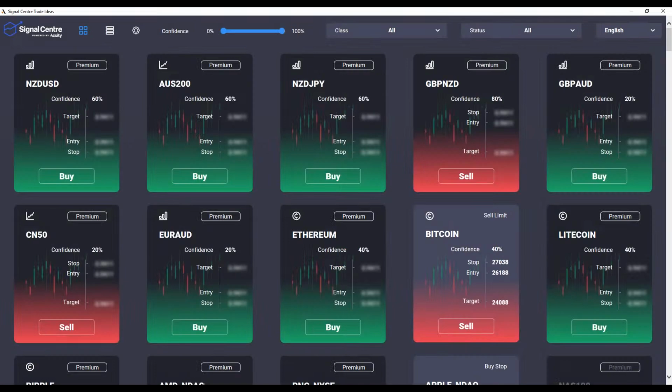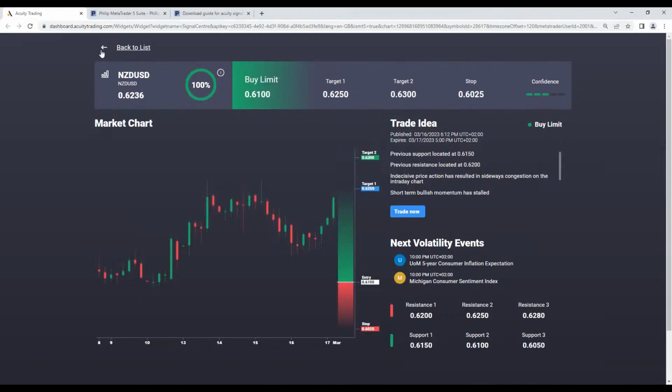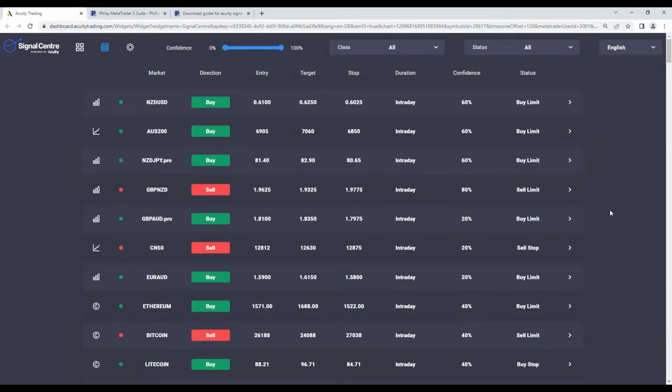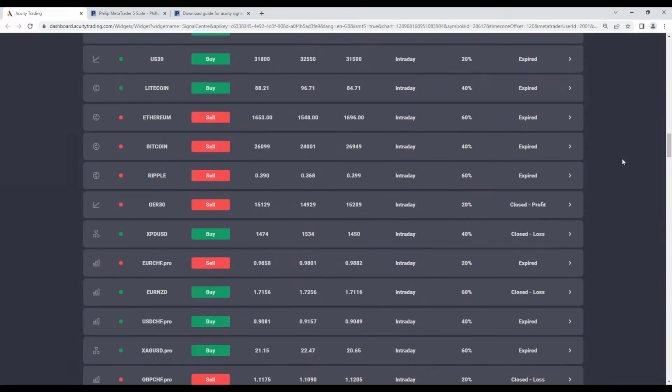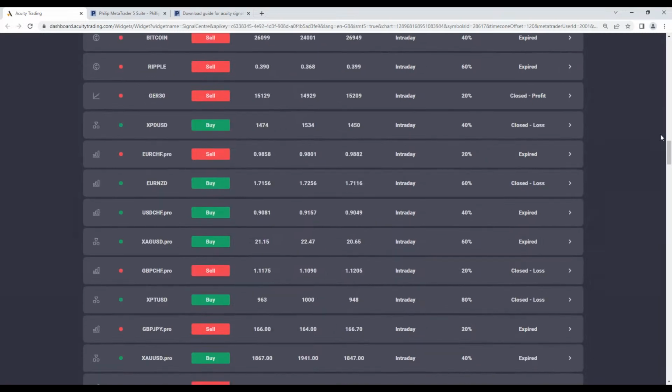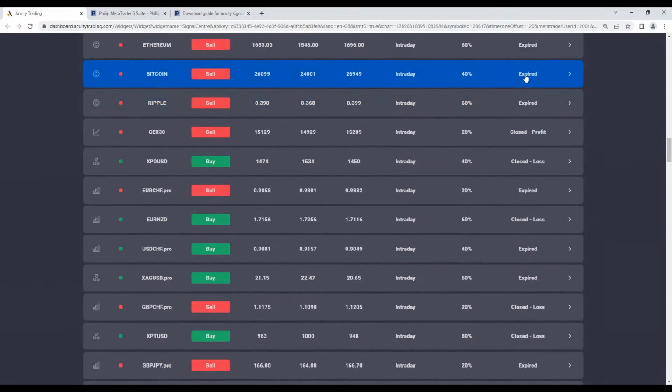And just to bring back one point that I mentioned just now, you are able to monitor the performance of all trading signals. So you come back to this main page on the list view and scroll down, and you are able to see the historical performance of all these trade signals. You can see that there are some that expired, some that closed for a profit, and some that closed for a loss.